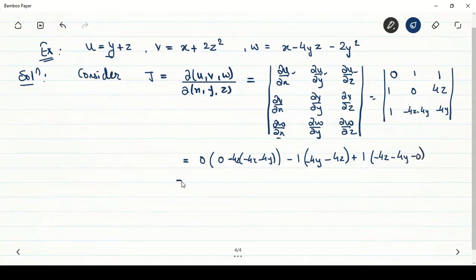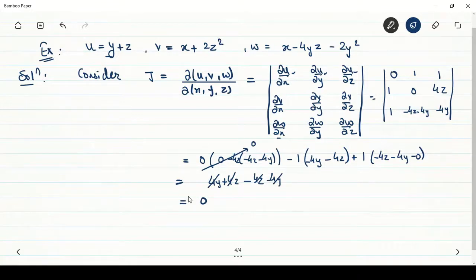Anything multiplied by 0 will be 0. This will be 4y plus 4z, and the next bracket is 4z minus 4y. So this 4z and 4z will get cancelled, the 4y will get cancelled, and we get the value of the determinant as 0.